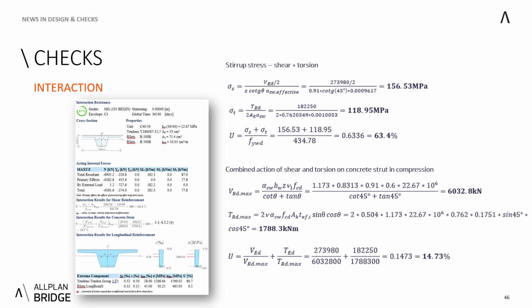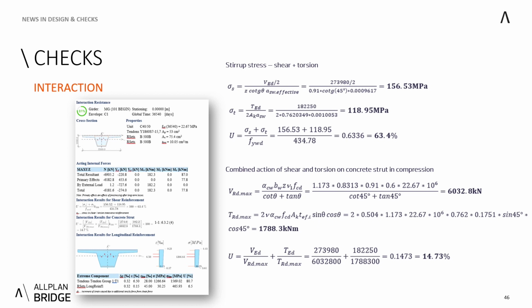The same is applied for torsion with a little bit different equation, resulting into the stirrup stress from the torsion around 119 megapascals. And when we combine those two stresses, we need to still be below this design yield stress of the stirrup, which is 435 megapascals, giving us the utilization for the stirrup at 63%.